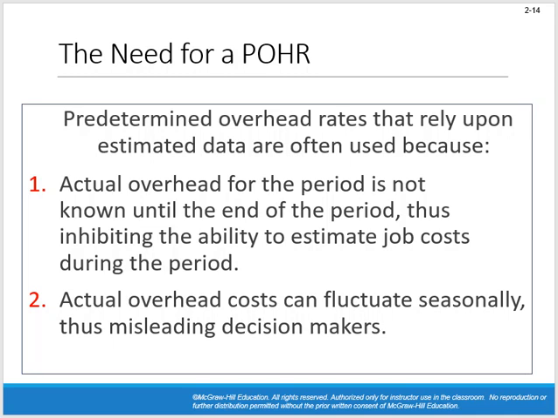We want to just compute it once at the beginning of the year, or if our company decides we want to do it at the beginning of the quarter, that's fine, but we want to do it once ahead of time and not change it every day or every week. We want to look at the big picture and come up with a reasonable predetermined overhead rate. So we don't want to do it day by day or seasonally because it might lead to poor decisions, misleading data.